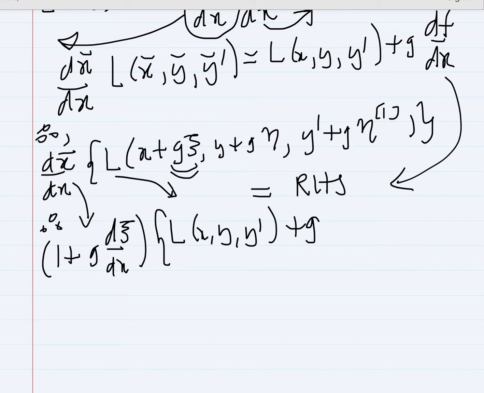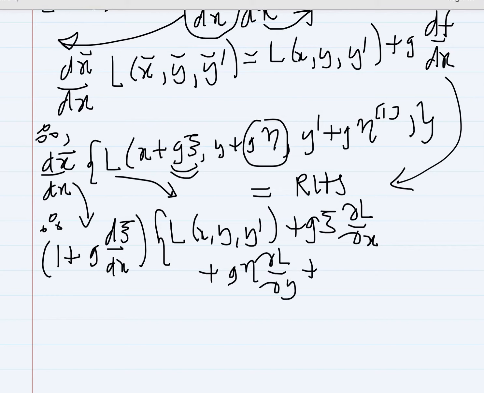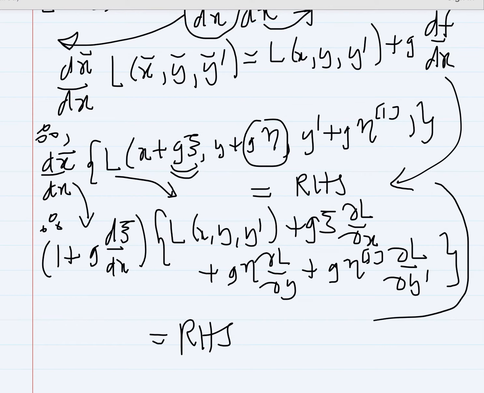So it is this g times xi, the derivative of L with respect to x. This is using partial derivatives, plus g times eta, that is now this term here, the partial derivative of L with respect to y, plus g times eta 1, the partial derivative of L with respect to y dashed, and that should close the curly bracket on the left hand side, equals the same right hand side, which is that right hand side.